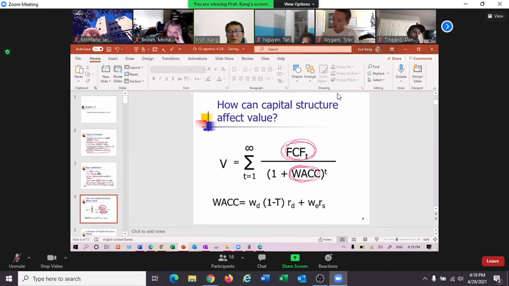So it has to be discounted by WACC. And here WACC is WD times (1 minus T) times RD, the after-tax cost, plus WE times RS. And we skipped preferred stocks. In chapter 15, we have debt and common stock, so we skip preferred stock to focus on capital structure.